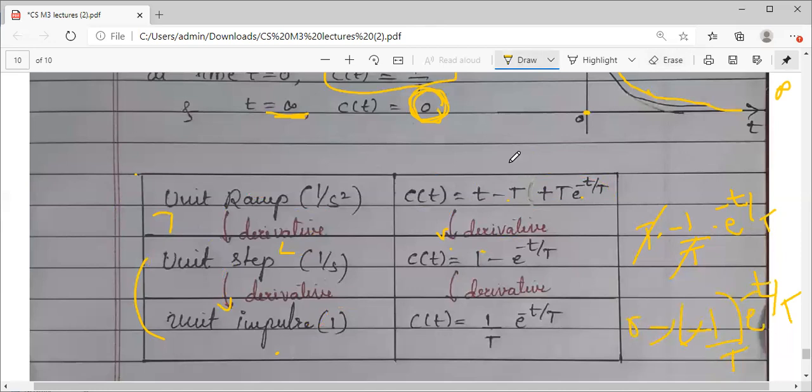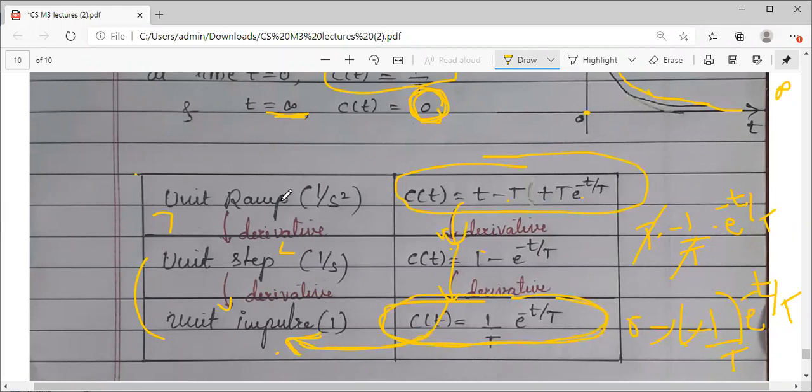So suppose you know how your system is giving you the output, if a ramp signal is given as an input, then by applying the derivative you can find that output which we get when we apply impulse as the input.